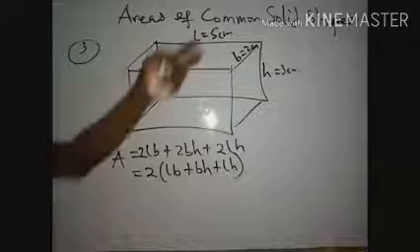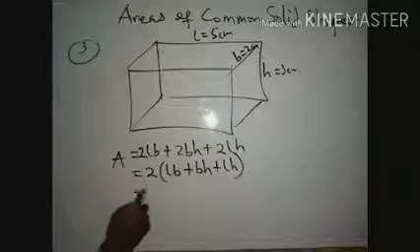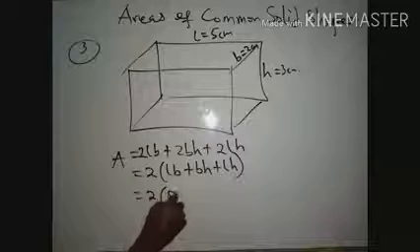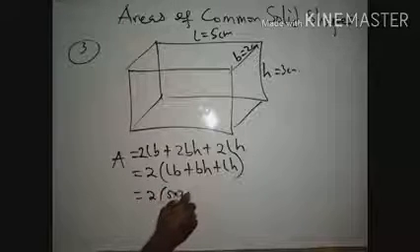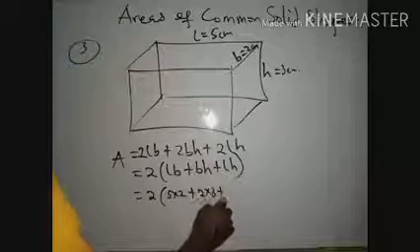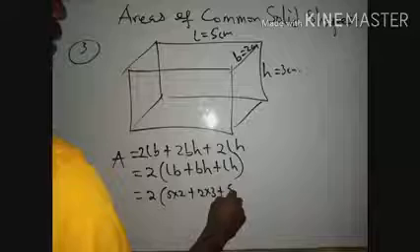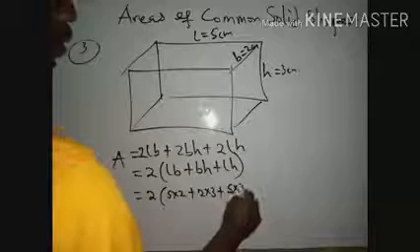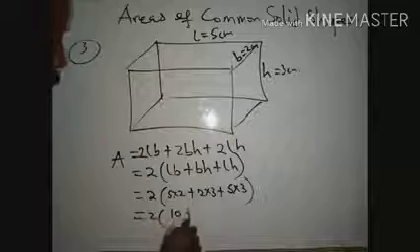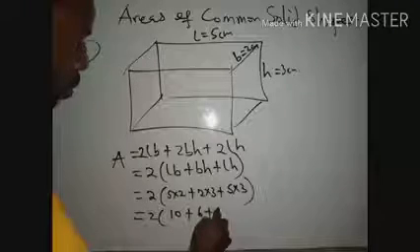So all you need to do is substitute whatever you have into the formula. And you have 2 into 5 times 2 plus 2 times 3 plus 5 times 3. In this case, I will have 2 into 10 plus 6 plus 15.